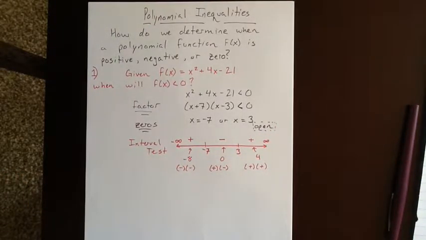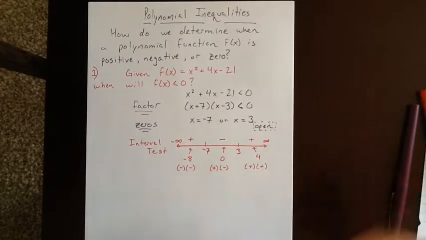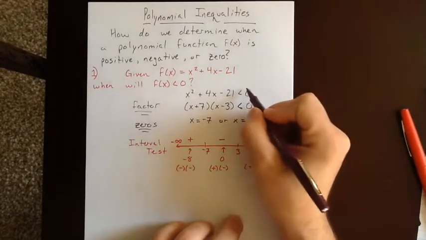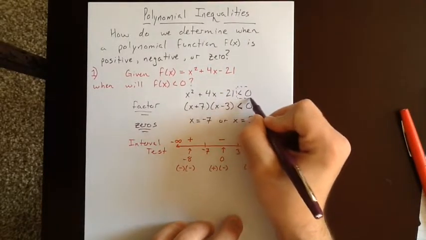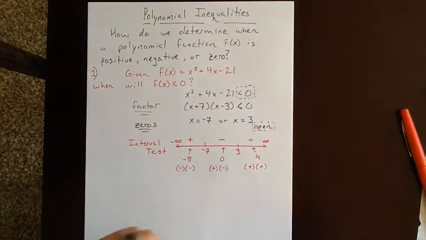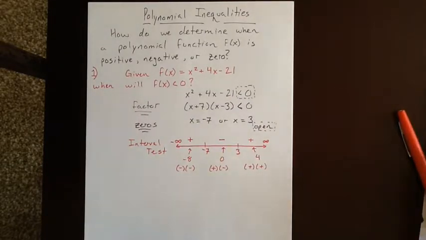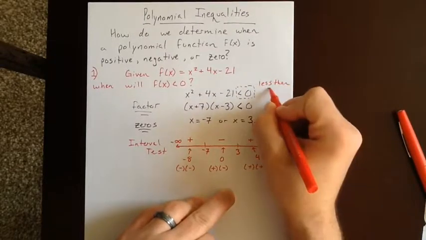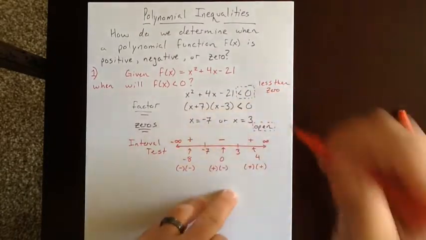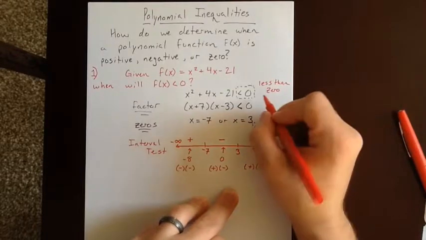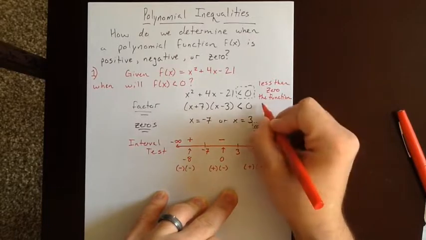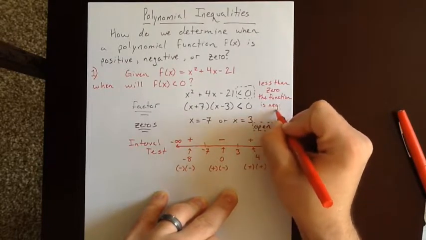And this is the moment where we have to go back to our initial problem and look at the scenario that we have. We have less than 0, and essentially what that is telling us is that we want to know when the function is negative.